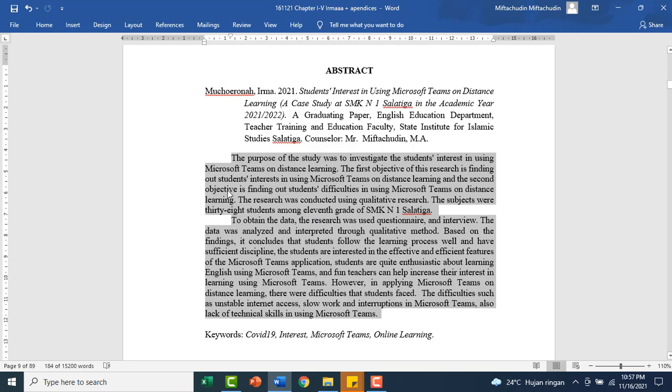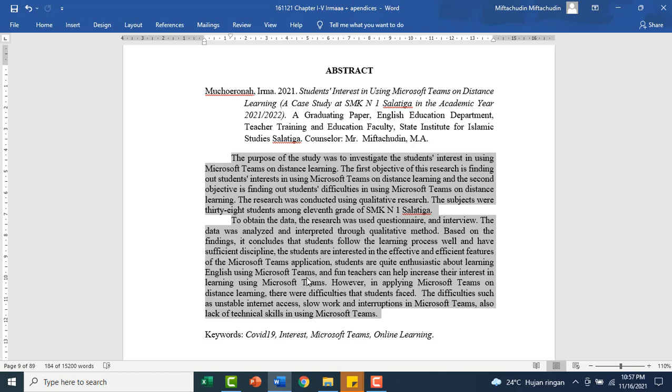But normally, for the general rule of making an abstract, it must include not more than 250 words. In this case, we have 184, and it means that this abstract, in terms of the number of words, is qualified, because it's less than 250 words.